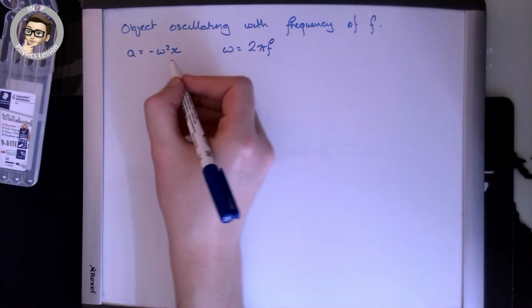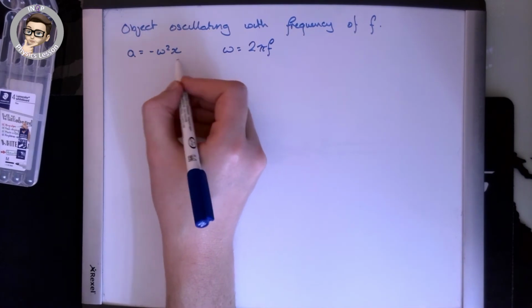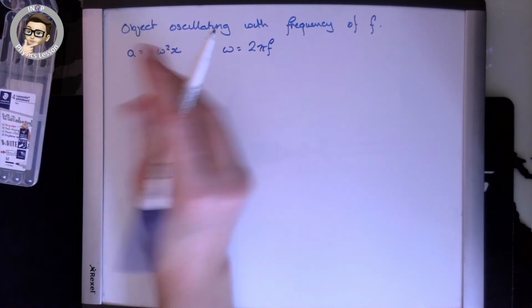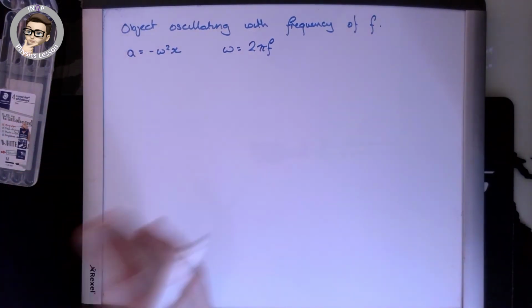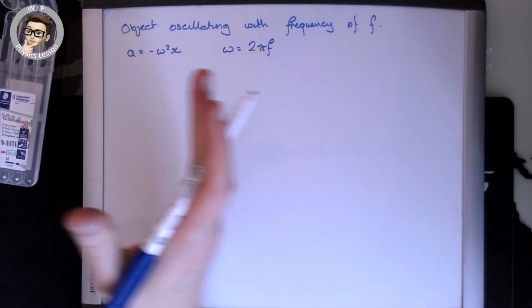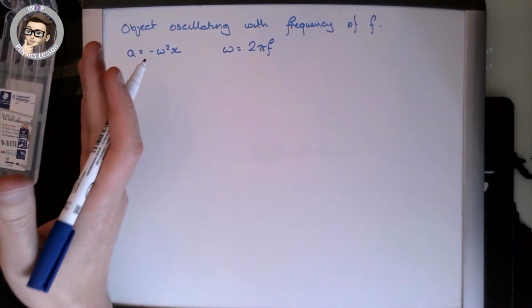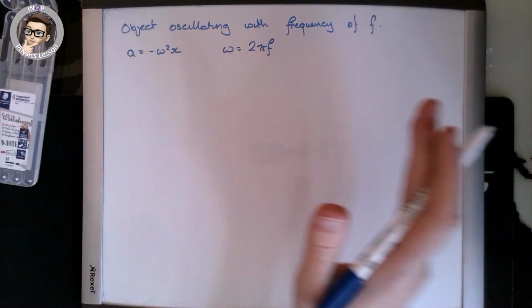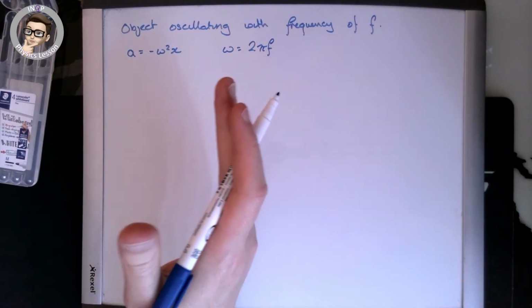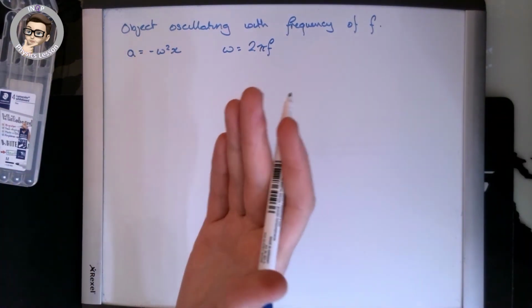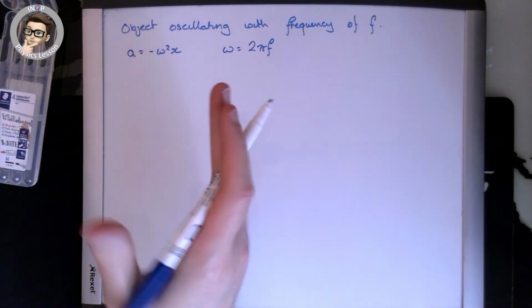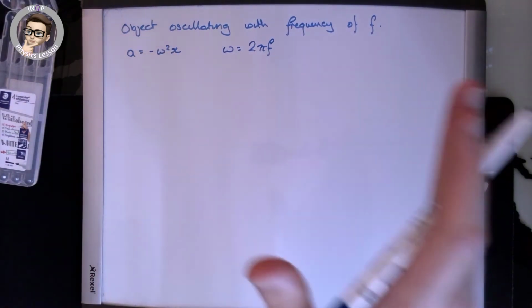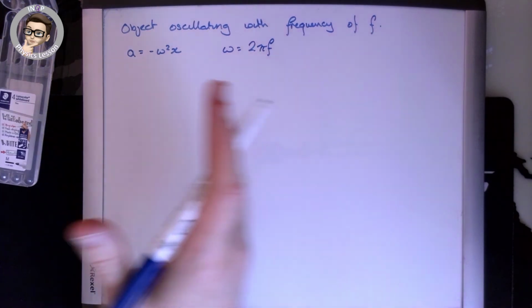But what does x depend upon? What does this value x depend upon? Well, it depends upon where we start our oscillation from. If we start it from the maximum amplitude in one direction, then we know it's going to swing the other way. If we start it from 0, then if it's not had a push or it's not been moved, it's going to stay at 0. If we start it from negative maximum, it's going to start oscillating back the other way.